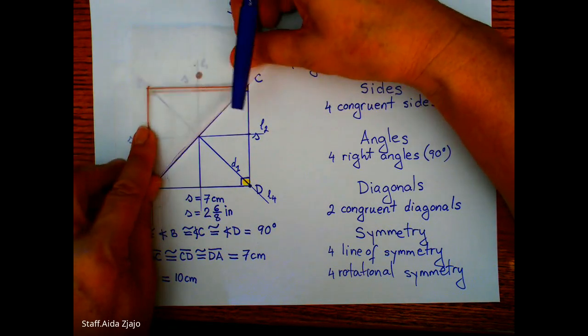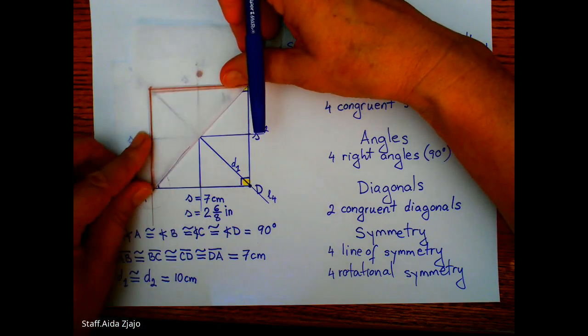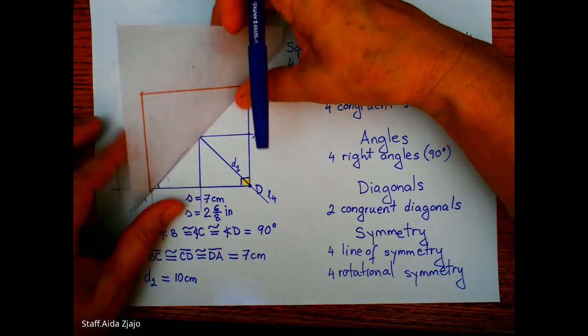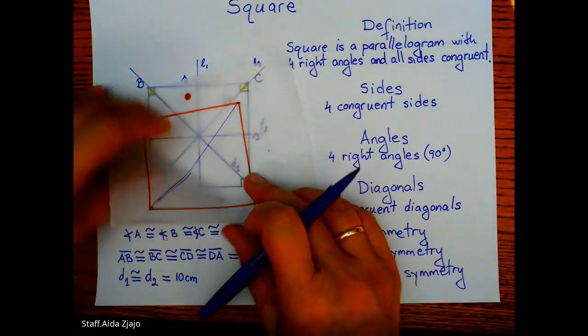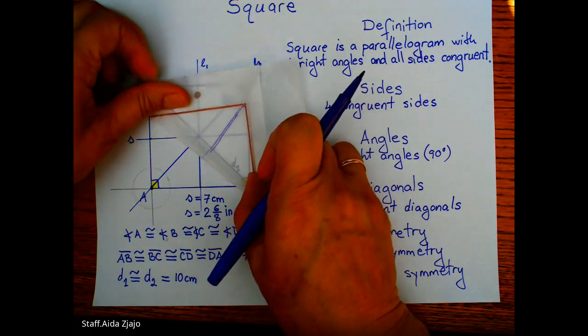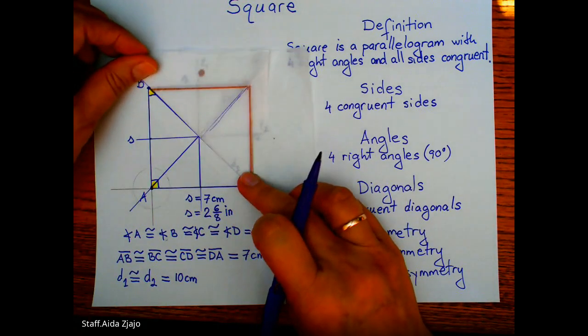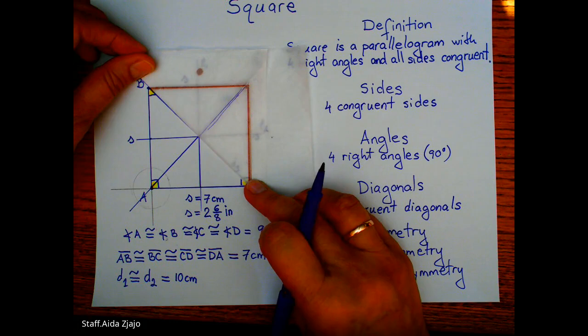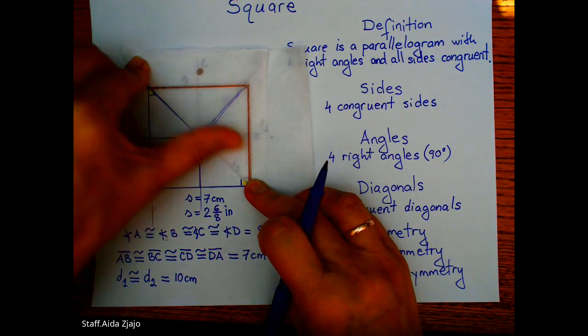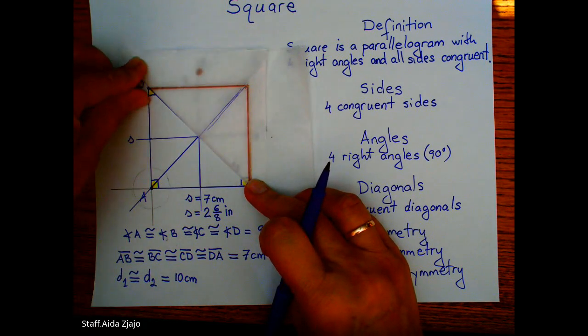And then also, if we do the opposite side and cut that in, we will see that it is also matching into 2 congruent triangles.